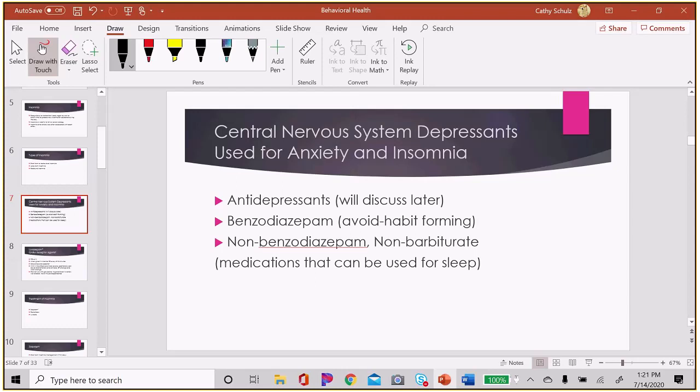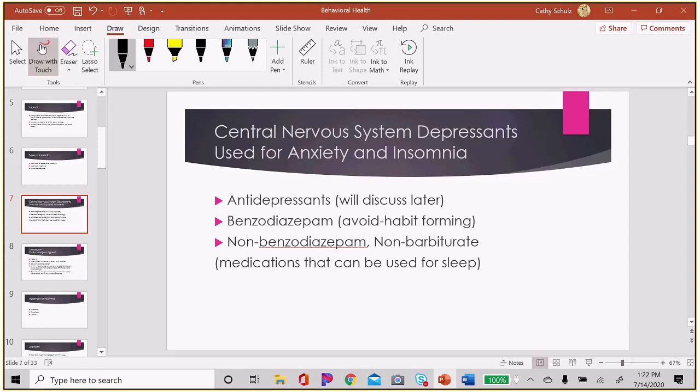So we did talk about benzodiazepines as a way to help, but with very strong doses and depending on the medication, to stop status epilepticus, or as part of general anesthesia or conscious sedation.